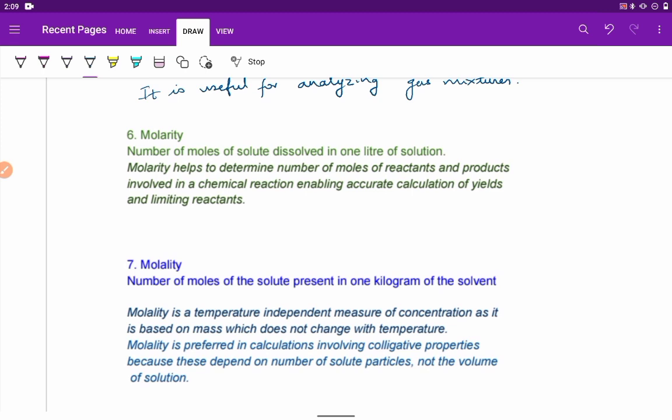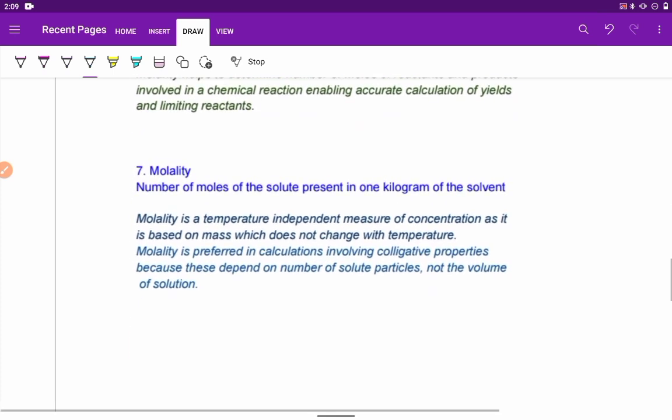Molality is preferred in calculations involving colligative properties because these depend on number of solute particles, not the volume of the solution.